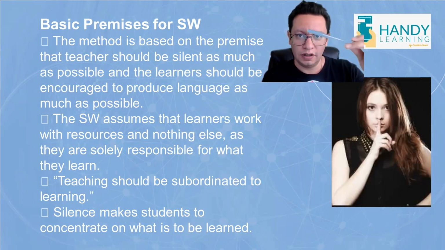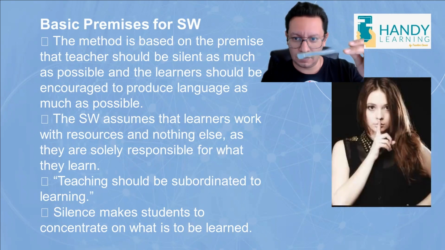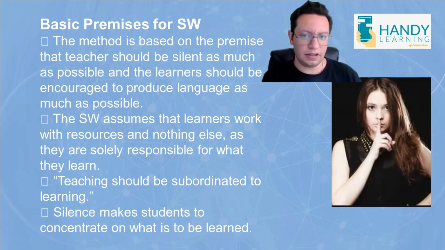For example, the green color is going to be the sound S, and the red color is going to be the sound A. So, well, on the camera, it looks blue, so I'm going to call it blue. The blue color is attached to the sound S, and the red color is attached to the sound A.